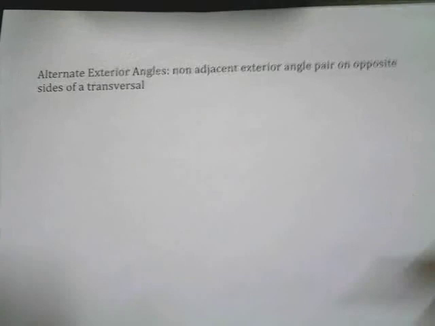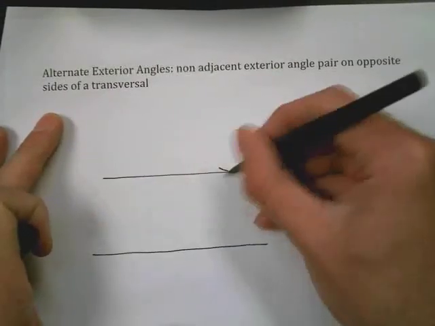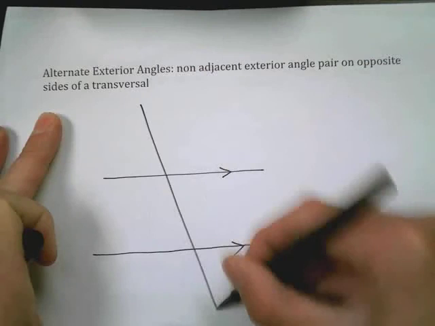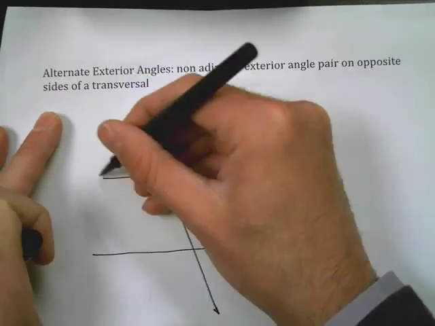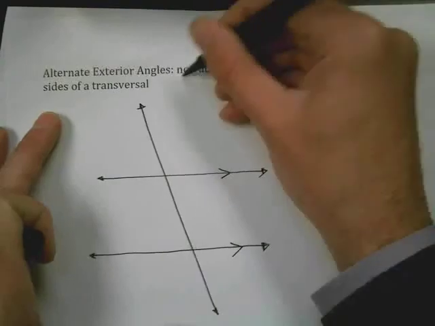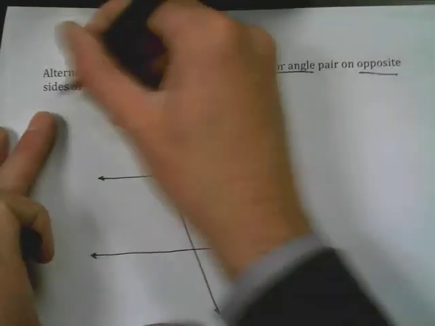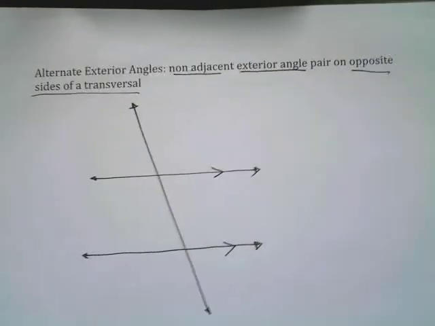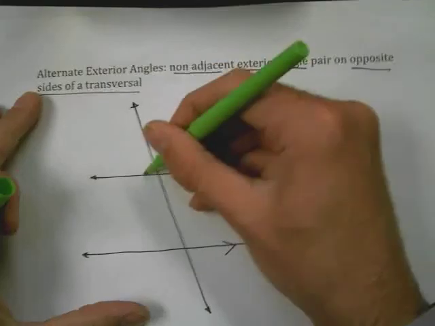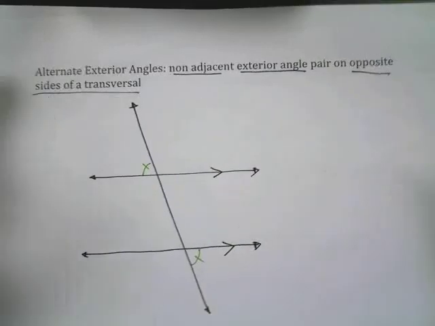Alternate exteriors are the same idea. Let's just draw our lines parallel. They don't have to be, but let's just do it. So non-adjacent exterior angles, opposite sides of the transversal. So here's one exterior, and on the opposite side, the other alternate exterior angle.